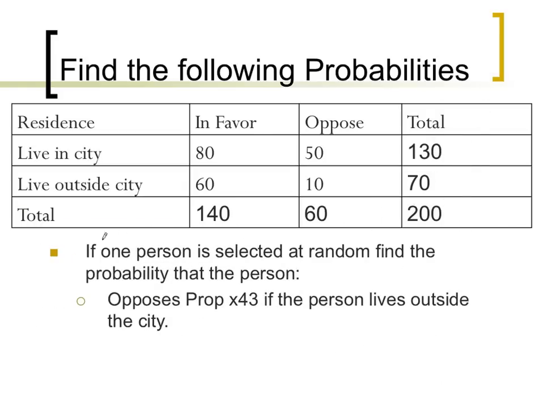In the third example, if one person is selected at random, find the probability that the person opposes Prop X43 if the person lives outside the city. So we're looking for the probability of opposing given that they're outside the city. This is our condition, that they live outside the city.